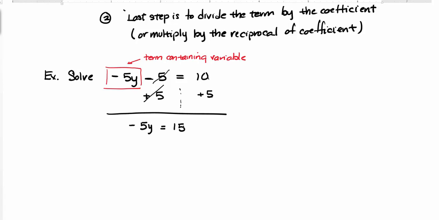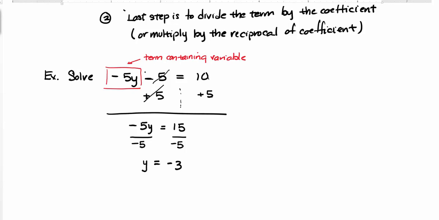It reduces down to a one-step, so the last thing I do is divide the term by the coefficient, which is negative 5. I divide both sides by negative 5 and get y equals negative 3.